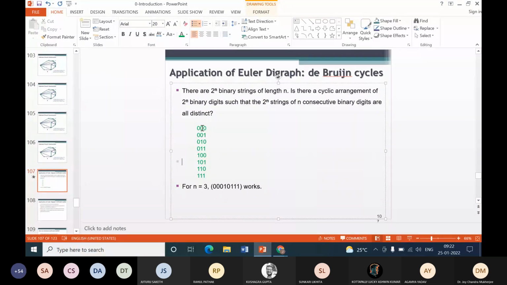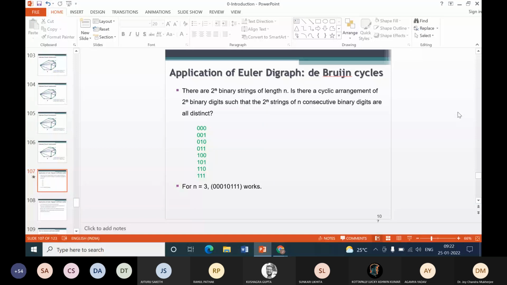The question is, how can I create such a circular arrangement? The benefit of learning this algorithm is, the de Bruijn cycle algorithm is basically, you are trying to store 2 to the n different bit combinations, not in n into 2 to the n space, but using only 2 to the n spaces.